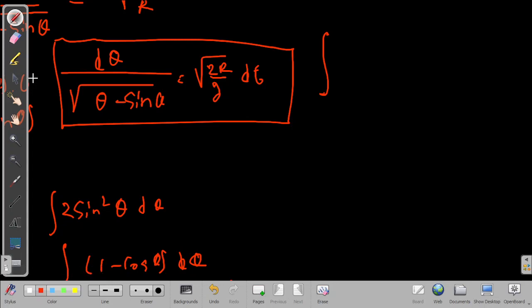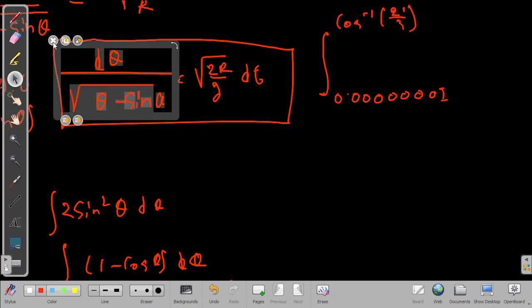You have given it a slight impulse, or a very small force, for which it starts moving. So you have to use a very small angle, like 0.0000001, and then put the upper limit cos inverse 2 by 3.